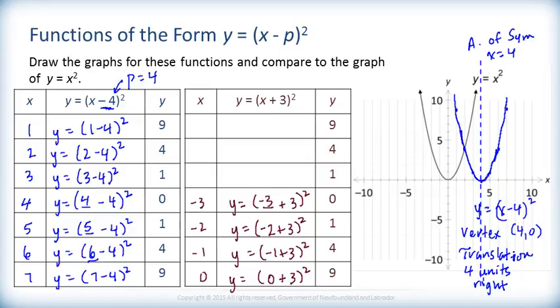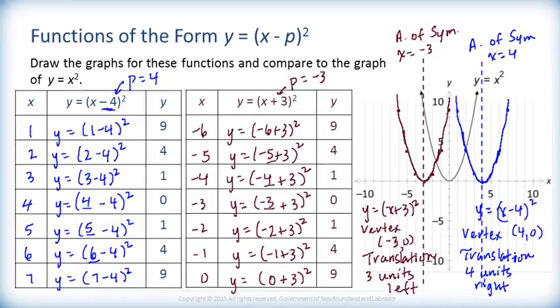In this second example, we have to put in negative 3 in order to get a 0 in this bracket for squaring. So we have to compensate for the adding 3 by decreasing everything by 3 for the x values. So completing the rest of the table, sketching the graph, we see that the graph has shifted 3 units to the left with a vertex of negative 3 and 0.